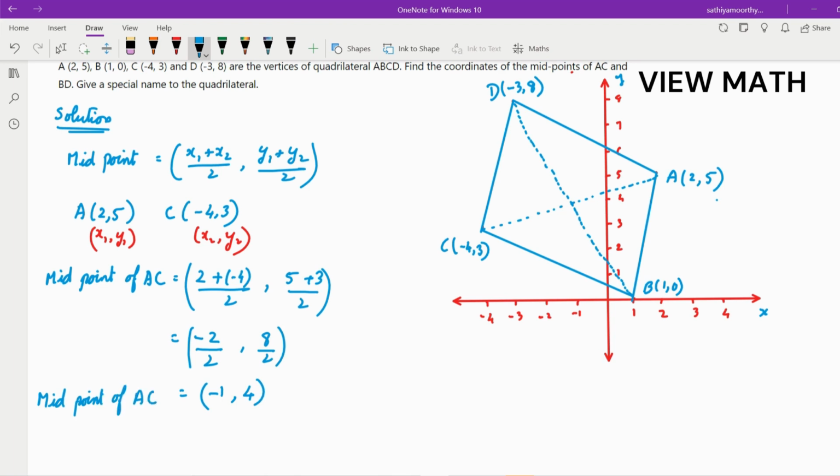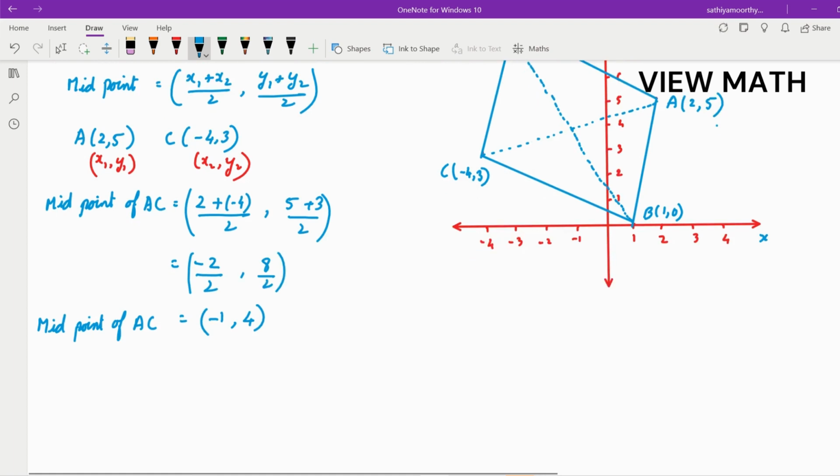Next let me find the midpoint of BD. What are the coordinates of B and D? B coordinate is (1, 0) and D coordinate is (-3, 8). So this is my x1, y1 and this is my x2, y2. Let me substitute in the midpoint formula.